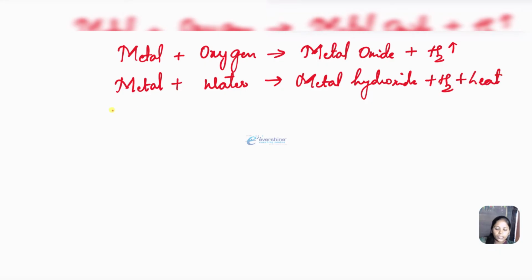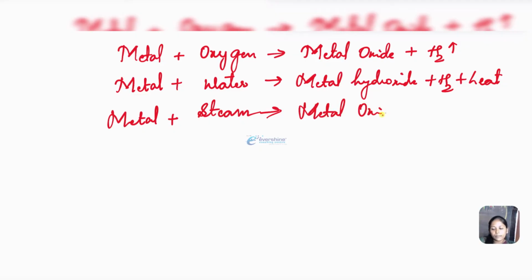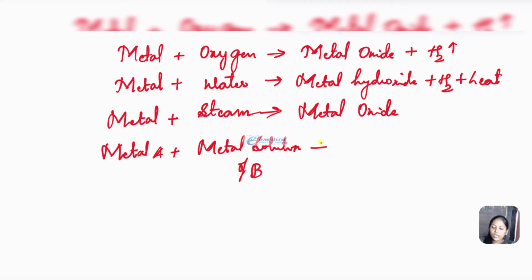What is the third reaction we studied? Metal reacts with steam and forms metal oxide. And what is the next reaction we studied? Metal A reacts with metal solution of B to give metal B, and metal solution of A.